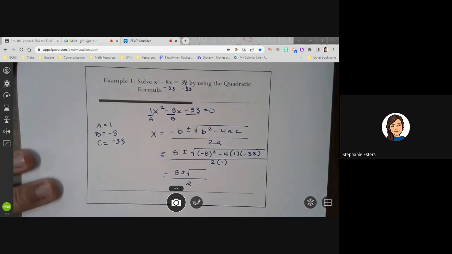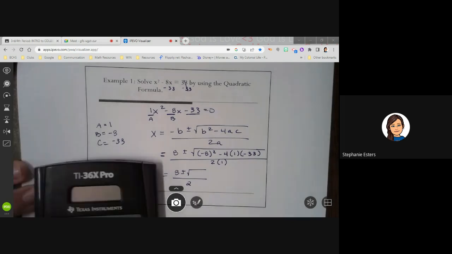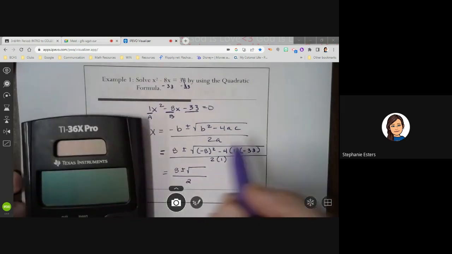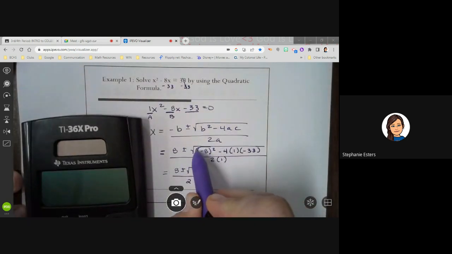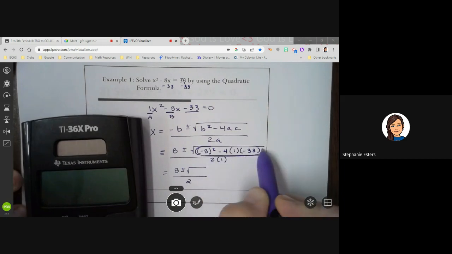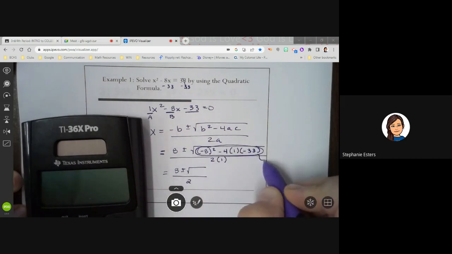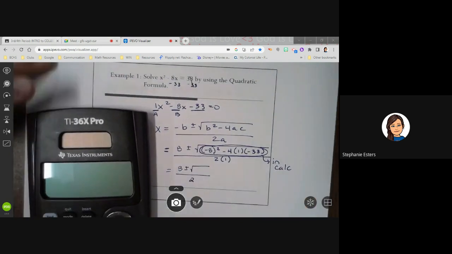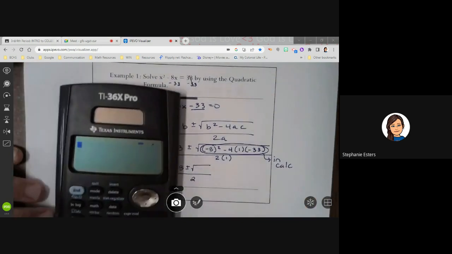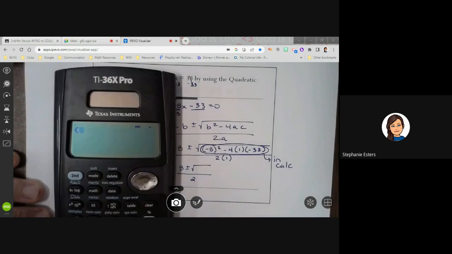From here, we're going to use our handy dandy little calculator, which is my little one that I keep under my phone. And we're going to type just what's underneath the radical in the calculator, not the radical itself. So for example, I'm doing negative 8 squared minus 4 times 1 times negative 33.